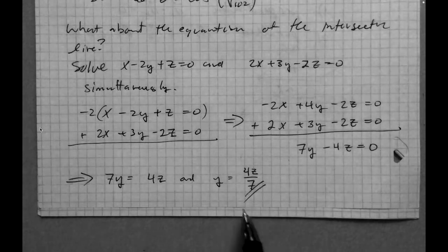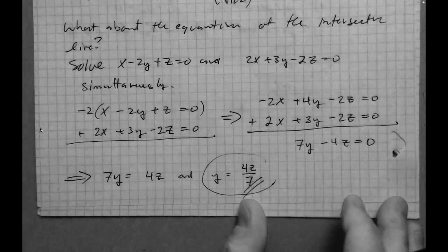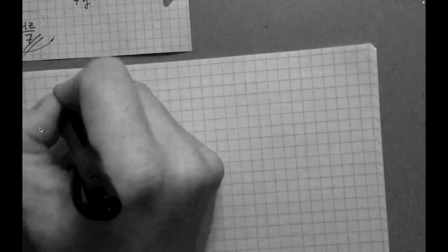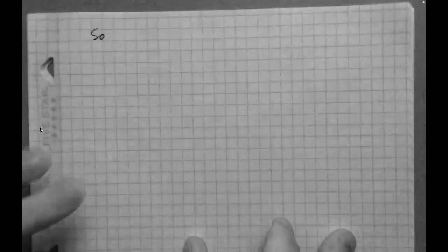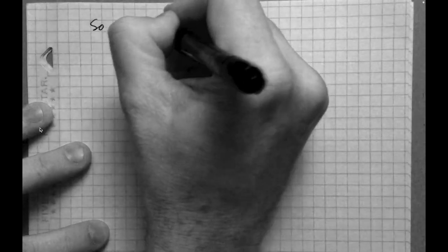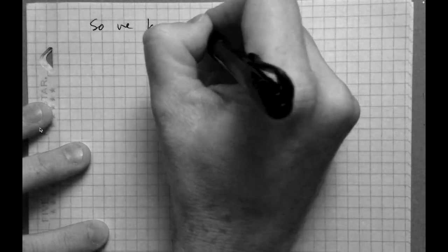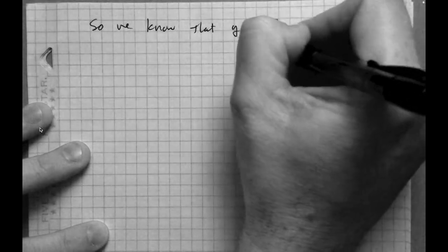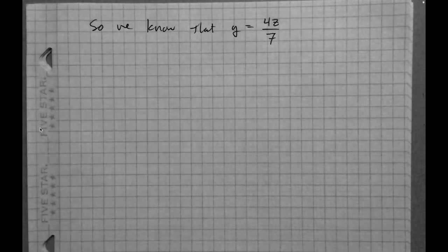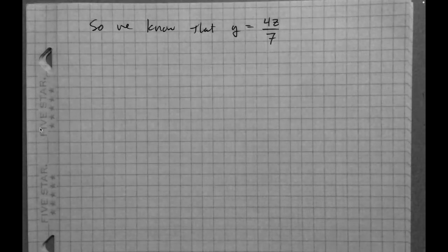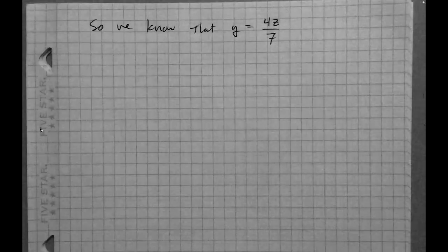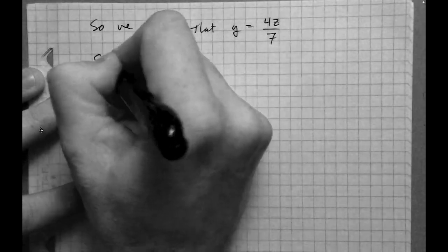Now, what I can do then is I can take this. So let me grab another sheet here. Okay, so we know that y equals 4z over 7. So I can substitute this quantity back into one of the other expressions.